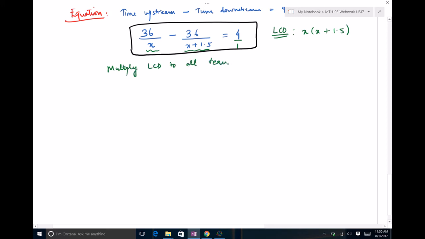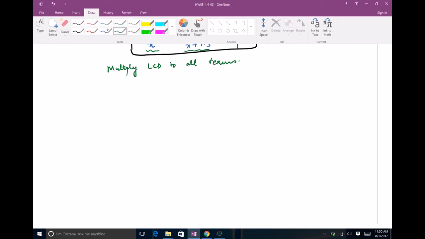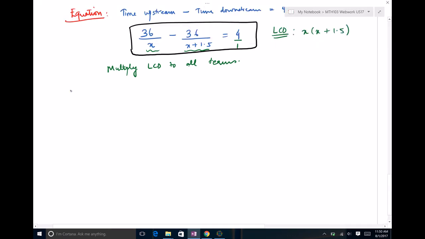So I'm going to rewrite this equation as x times x plus 1.5 times 36 over x minus 36 over x plus 1.5 times x plus 1.5 equals 4 times x plus 1.5.